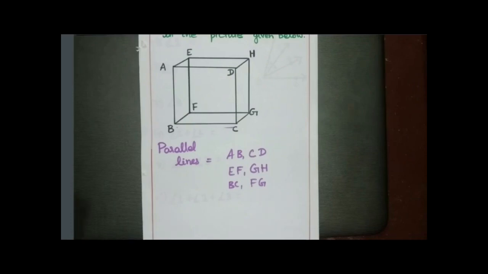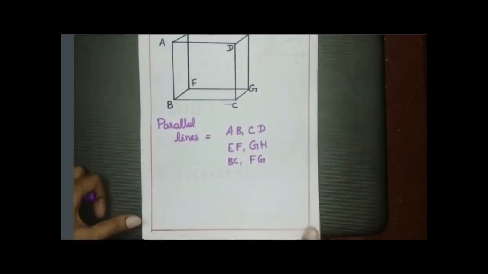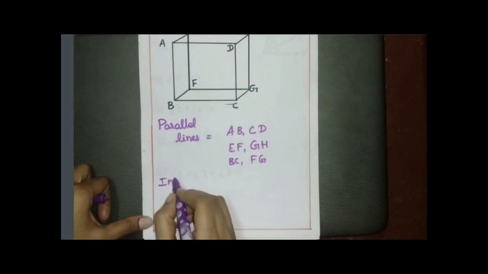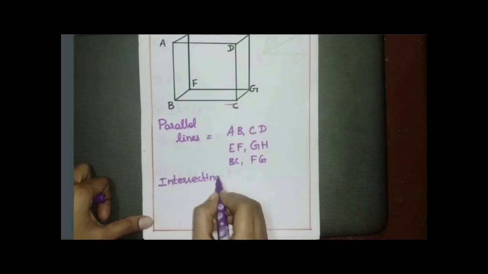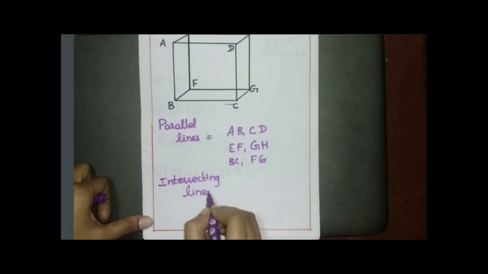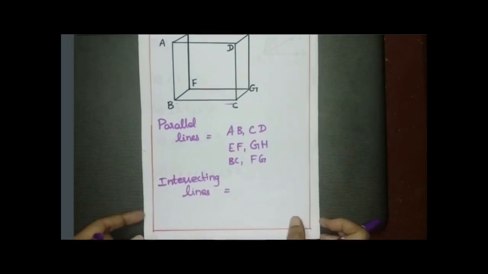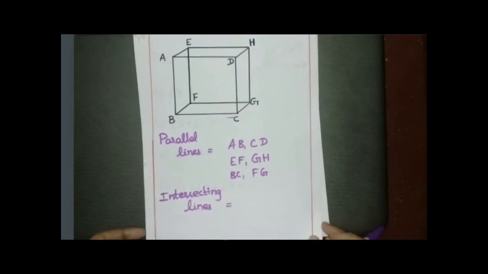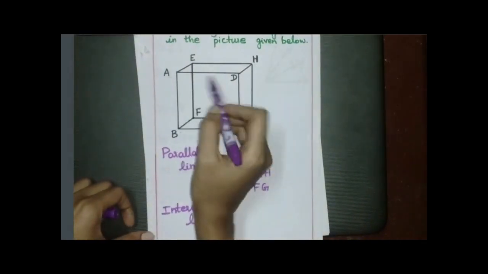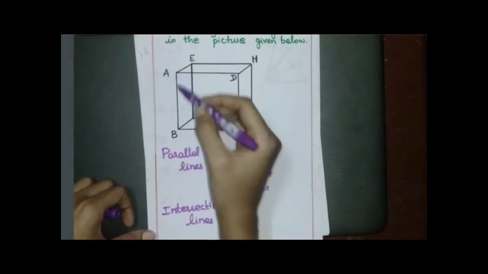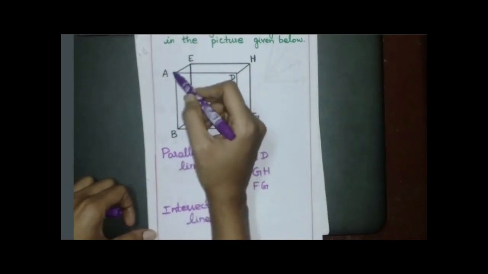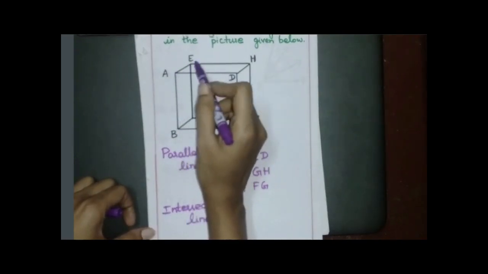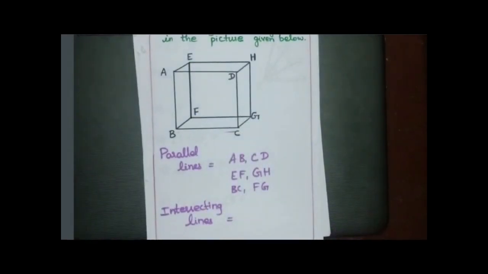Okay. Next, intersecting lines. Intersecting lines mean two lines that meet at a point. Look at the picture. Here, three lines are meeting at A. AB, AD and AE meet at A. So these three lines are intersecting lines or concurrent lines.